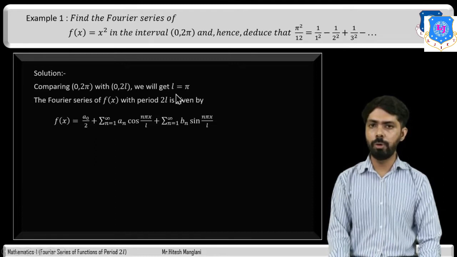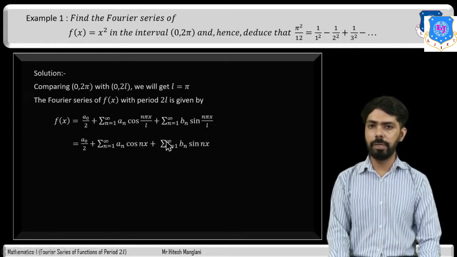Now here value of l is pi, so this will be a0 divided by 2 plus sigma n equal to 1 to infinity an cos n pi x divided by pi. So pi cancels out, so here it will be nx, plus sigma n equal to 1 to infinity bn sin n pi x divided by pi. Again pi cancels out, so here it will be nx. So this is the Fourier series of function with period 2 pi.